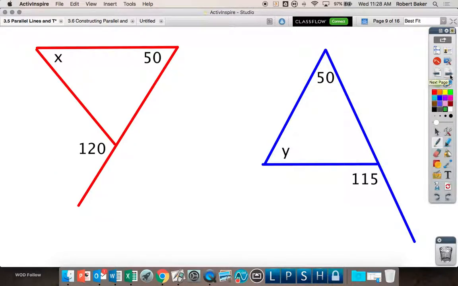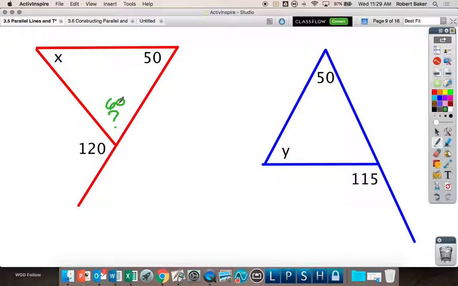So let's look at this one, the red one. That should be on your notes. It's number 1. So, do we have any way to solve for this angle right here? Yes. We do, don't we? It's supplementary. So if this angle is 120, how big does this one have to be? 60.